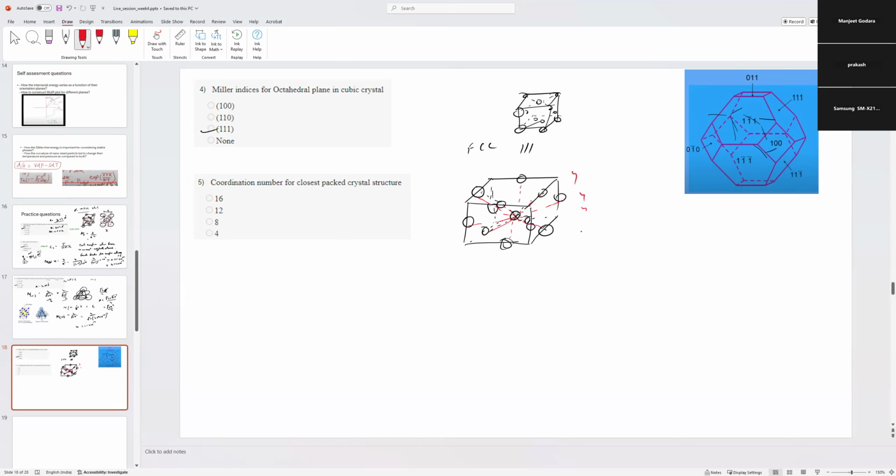So 4 plus 4 plus 4, 12. The coordination number for a close packed crystal structure is 12. Coordination number is just the number of nearest neighbors. So for this center atom, the nearest neighbors at equal lengths are 12.